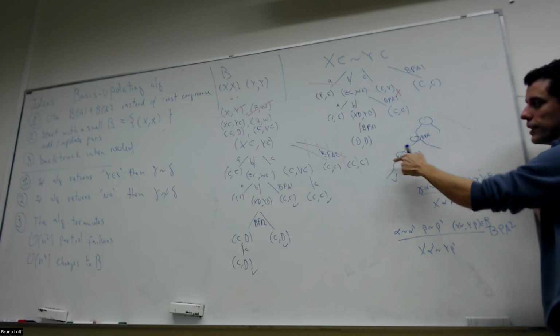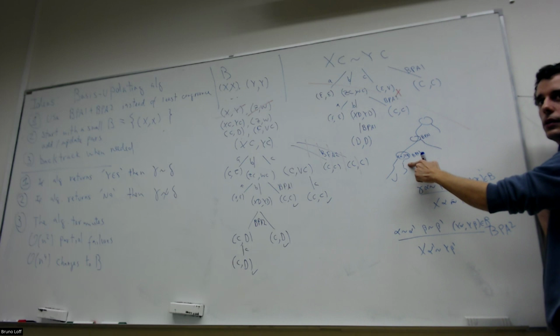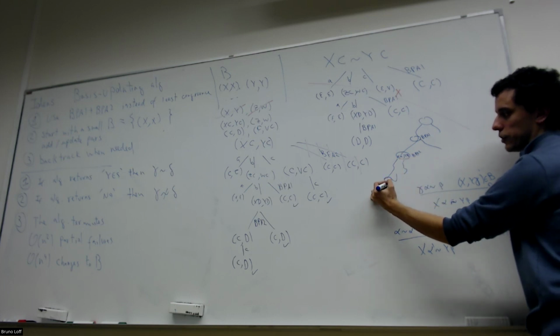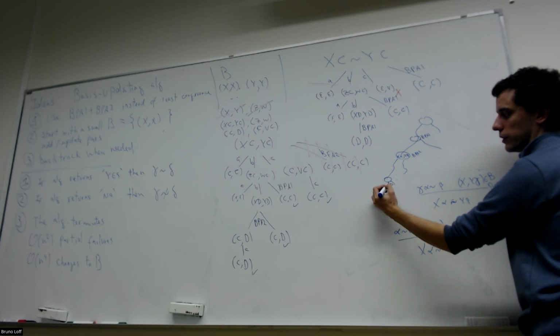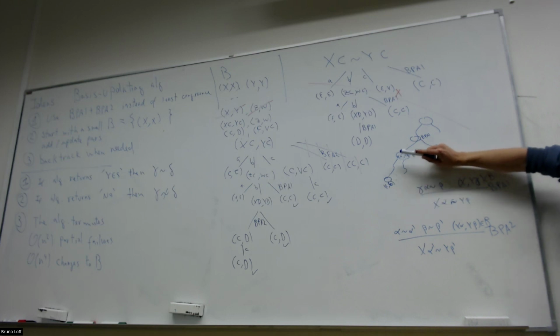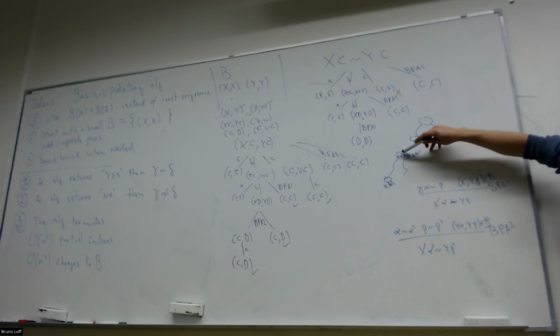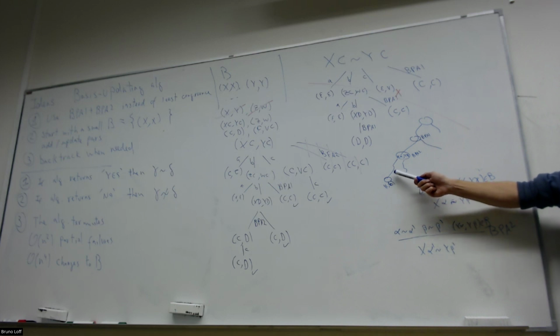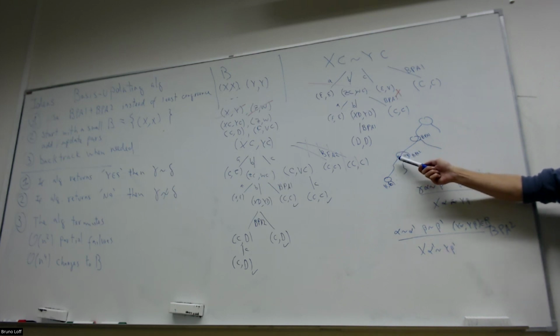From this point on, I know that this could never have been a BPA1, because the only way for this to be switched is because here eventually I had epsilon delta. You had a partial failure. So once you have a partial failure from here that goes all the way here, you know that this could never be a BPA1. Okay. Why? Because if it was, these are not bisimilar, and you propagate it all the way back to here. So these are also not.